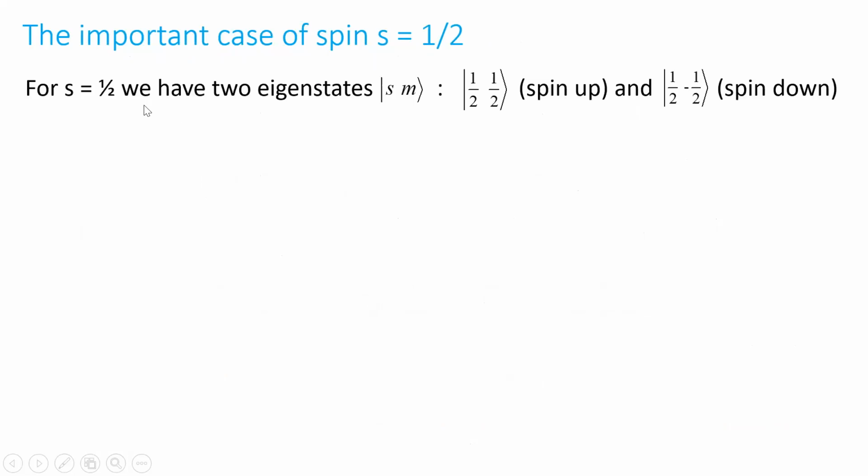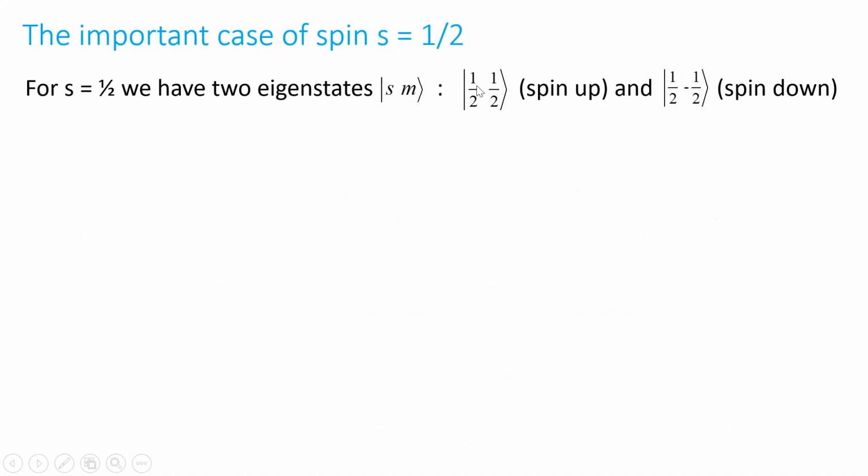For S equals 1/2, we have two eigenstates, |s m>. S is 1/2, so it'd be |1/2, m equals 1/2>. We call that spin up. And then |1/2, m equals -1/2>, we call that spin down. So there's two eigenstates.